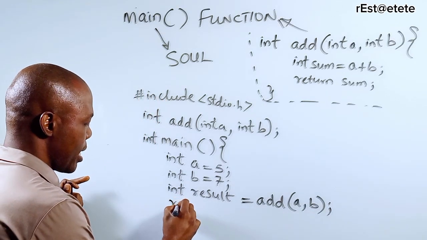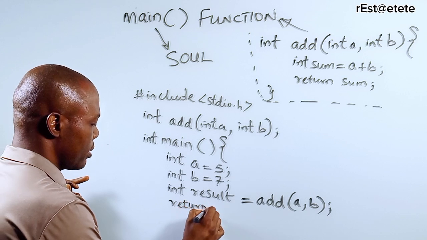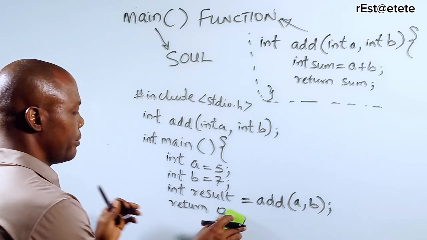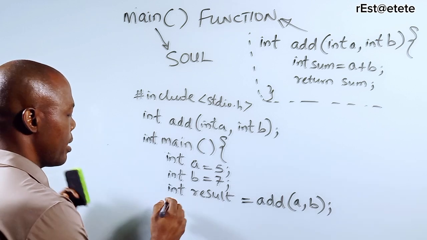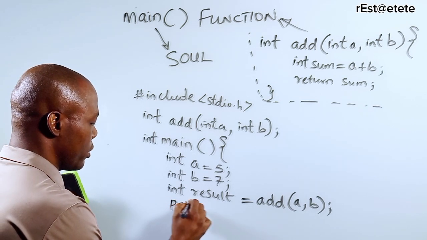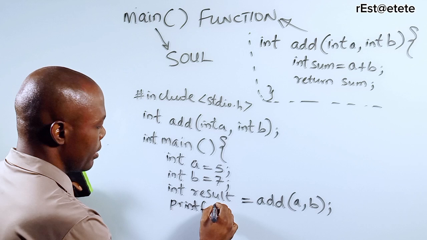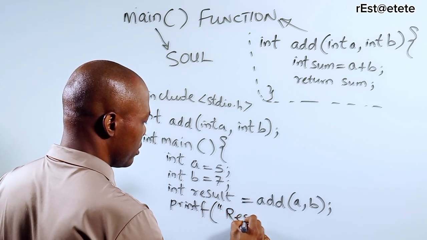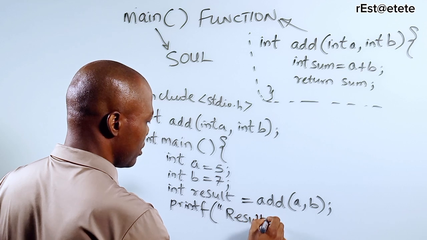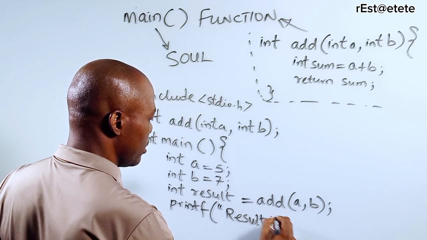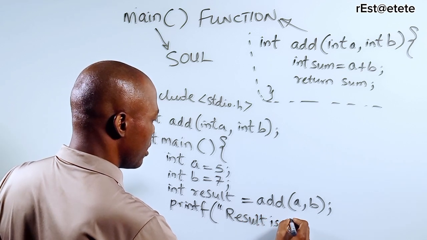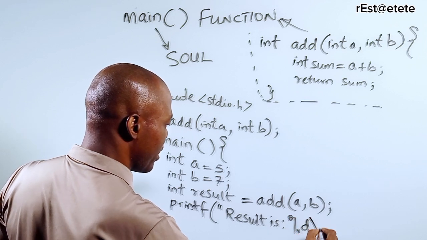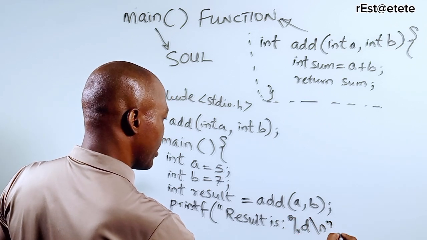And then here I will call my print function, printf. I will say result is, then I'll put my format specifier and \n, then I'll close this.